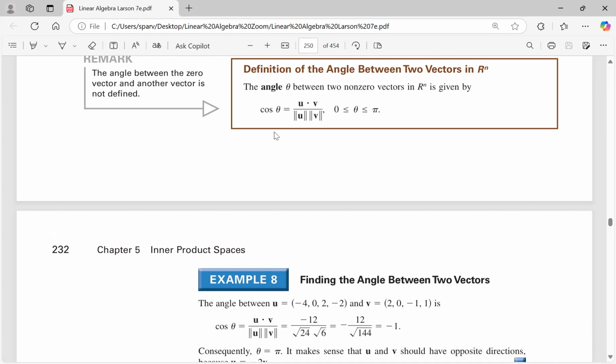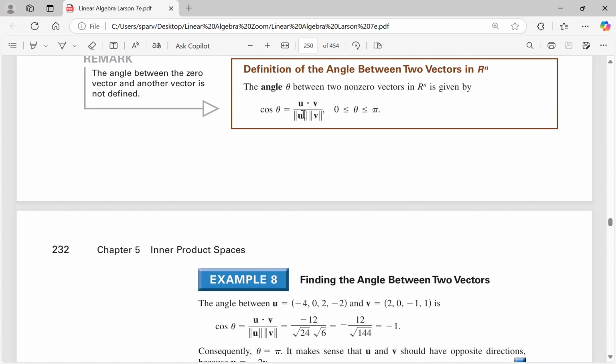So to find the measure of angle theta, we have to go to the inverse trig function, the arc cosine or inverse cosine, in order to find theta. And for theta, we're going to keep it from 0 to pi, which is the range of inverse cosine. So this way we get unique values. And the formula is u dot v over the magnitude of u over the magnitude of v.